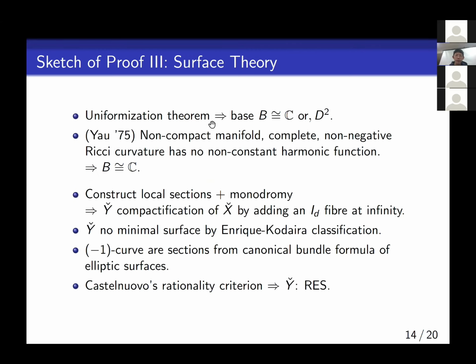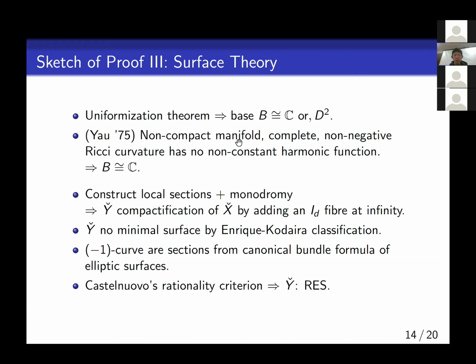So this X is, for example, the complement of a smooth anticanonical divisor in a projective surface. This is either simply connected, or this pi 1 has only torsion. And so you can use that to deduce that the base is simply connected. And then this is the first time I really appreciate the uniformization theorem, because that tells me that this base B is either C or D2, a disk.